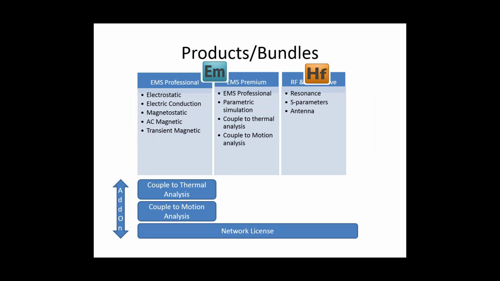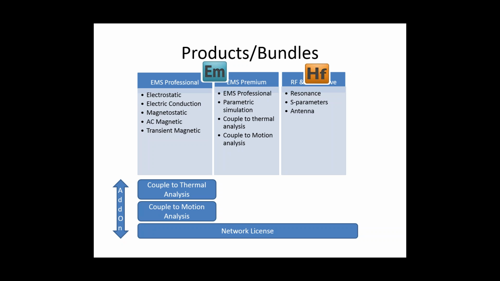EMS Professional comes with 5 different types of solvers: the electrostatic solver, electric conduction, magnetostatic, AC, and transient magnetic. In addition, EMS Professional allows you several add-ons. A couple of add-ons that I mentioned earlier in our progress chart are coupling to thermal simulation and coupling to motion simulation.